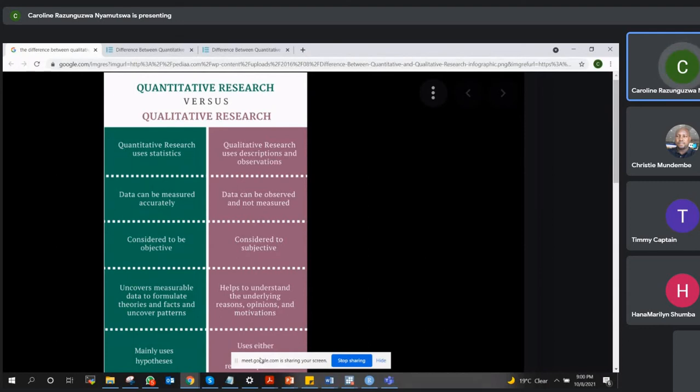Quantitative research uncovers measurable data to formulate theories and facts and uncover patterns. Qualitative research helps to understand the underlying reasons, opinions, and motivations.